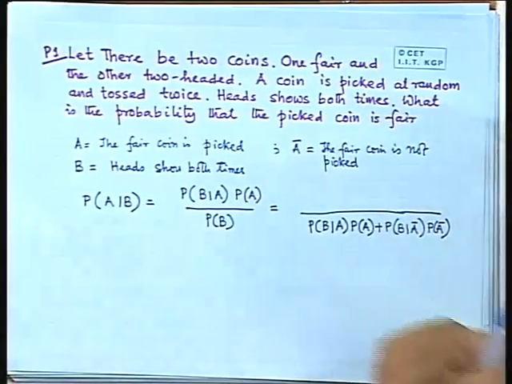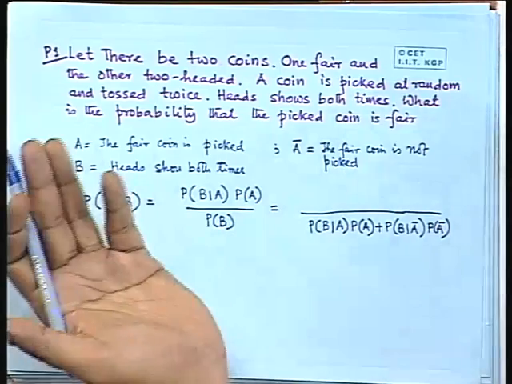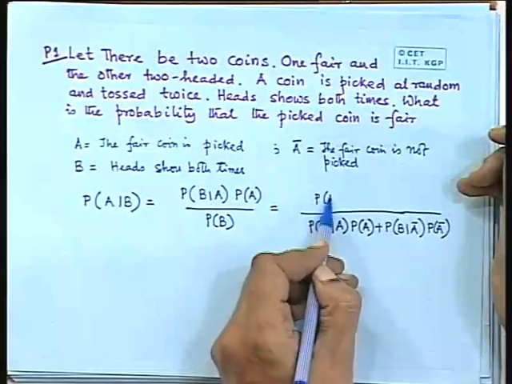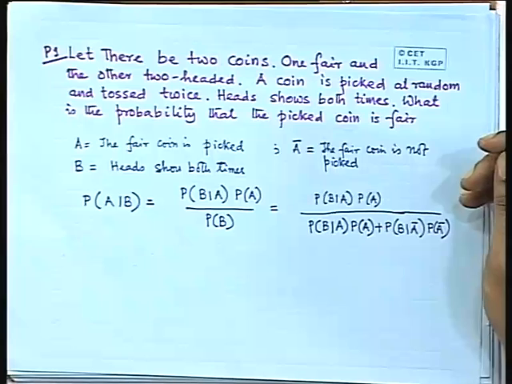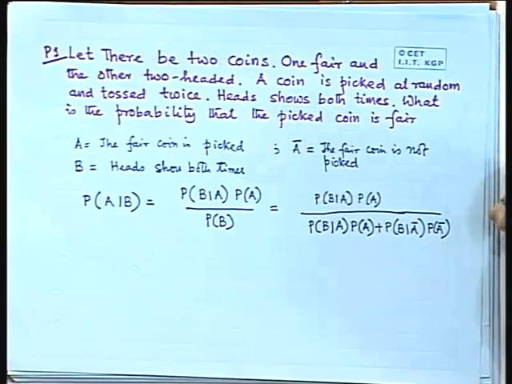This is the overall probability of B, irrespective of which one is chosen. So either A occurs or A bar occurs. So if A occurs, then what is the probability, and if A bar occurs, then what is the probability? Taking them together, you will get the probability that either A or A bar occurs. And then the top remains the same. All right. Now you put values.